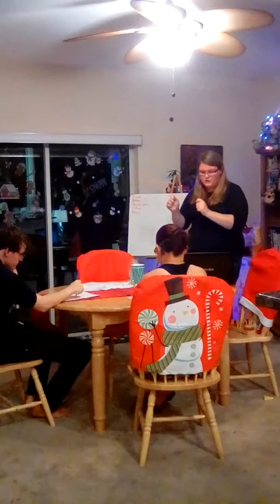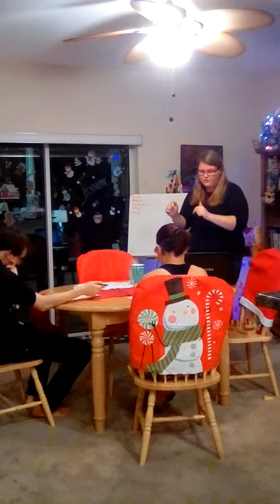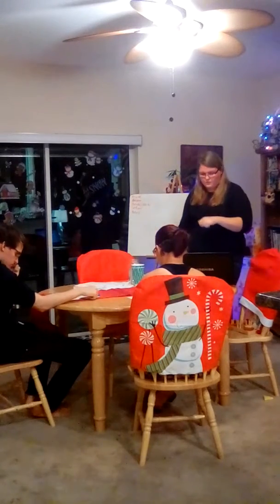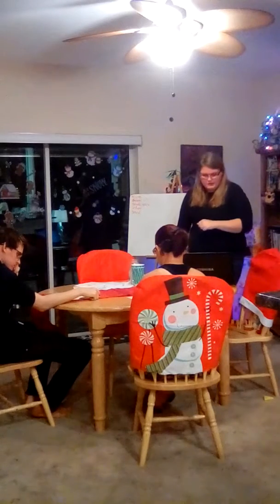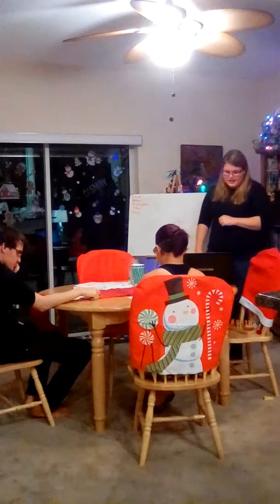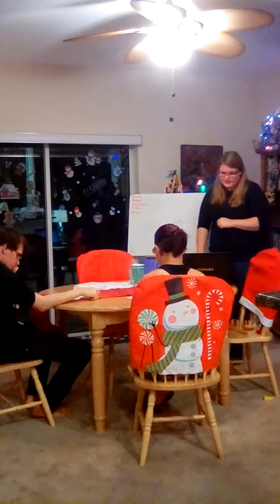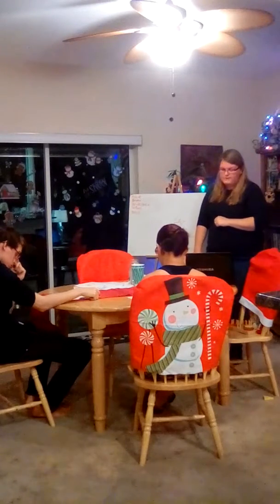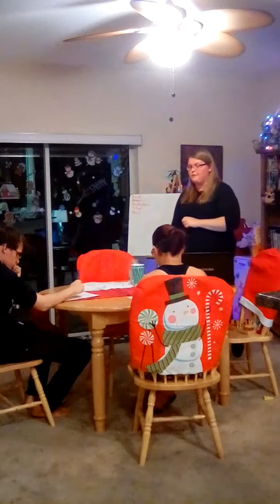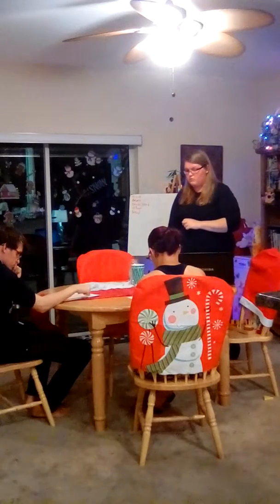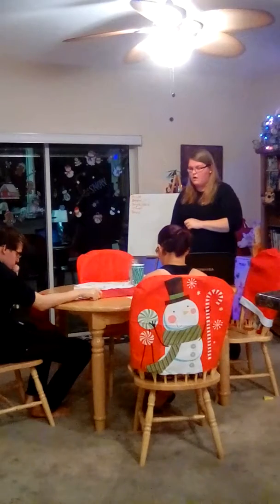So find pentagon, look below it, draw a line. All right, pencils down. Oh, you're already done, okay. All right, for the next one, I want you to make a dot in front of the diamond. So find the diamond, make a dot right in front of it. Okay, pencils down.